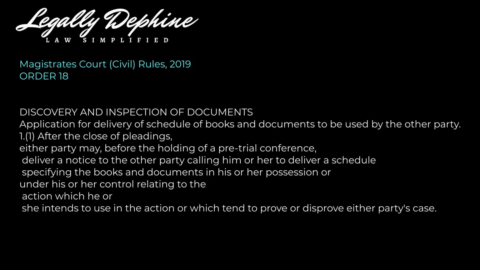After the close of pleadings, either party may, before the holding of a pre-trial conference, deliver a notice to the other party calling on him or her to deliver a schedule specifying the books and documents in his or her possession or under his or her control relating to the action which he or she intends to use in the action or which tend to prove or disprove either party's case.